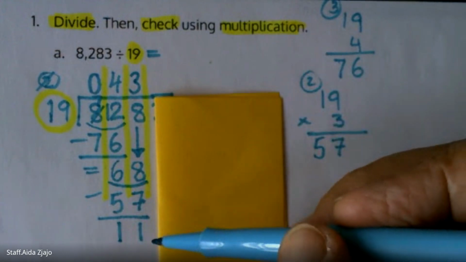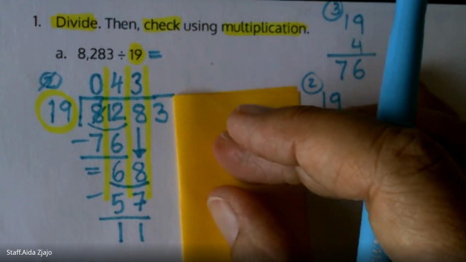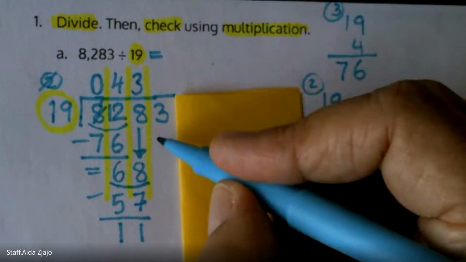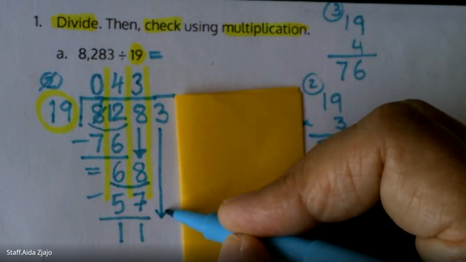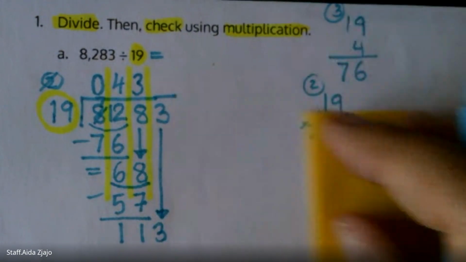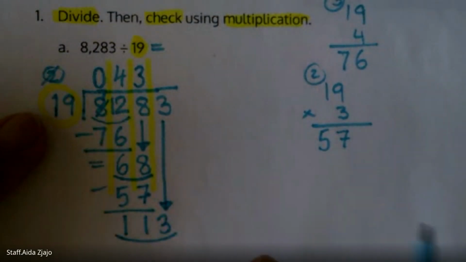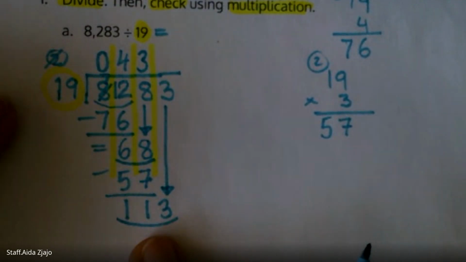So there is 11 left over, but I'm not done because I have to bring down the 3, the last digit. Now I have how many 19s are in 113.